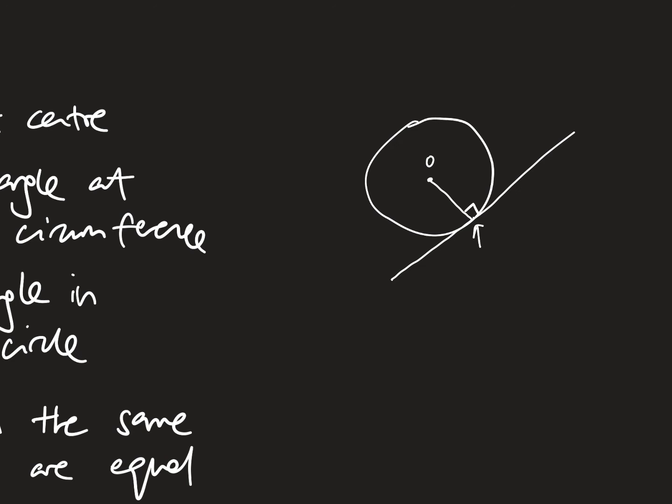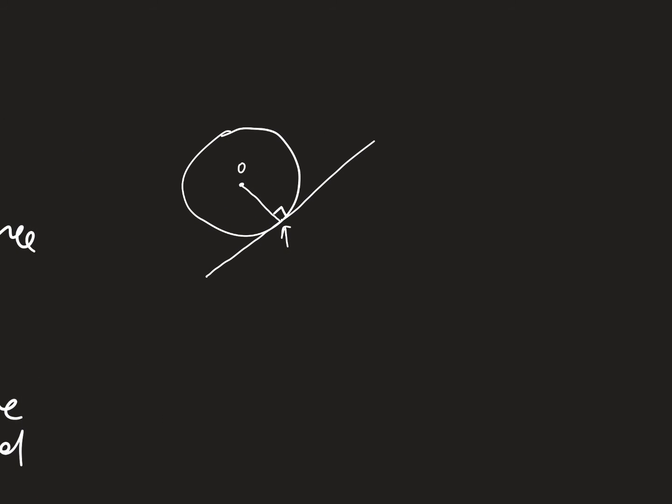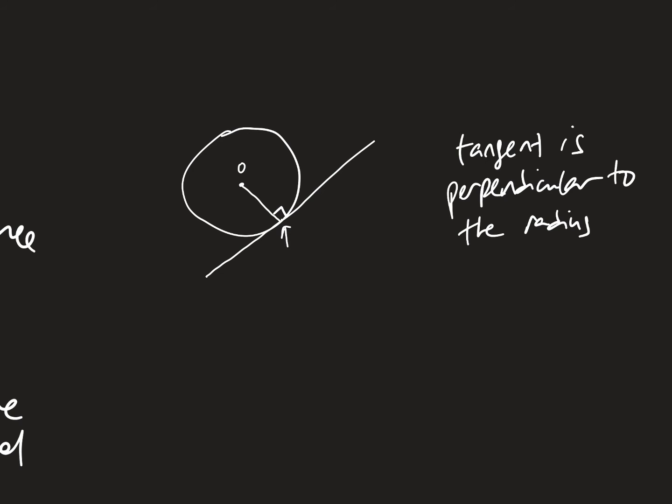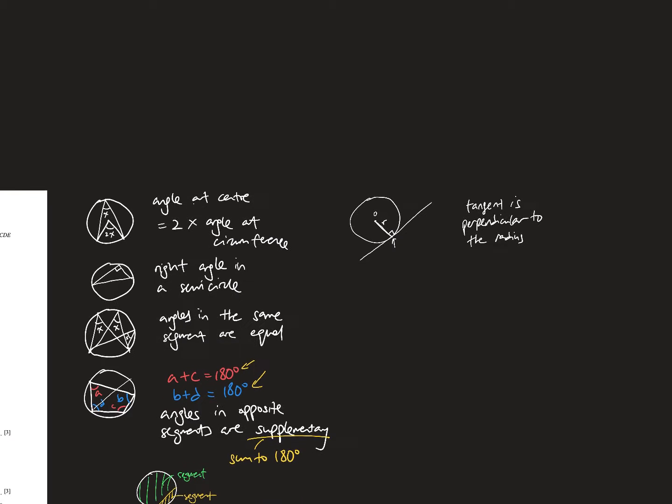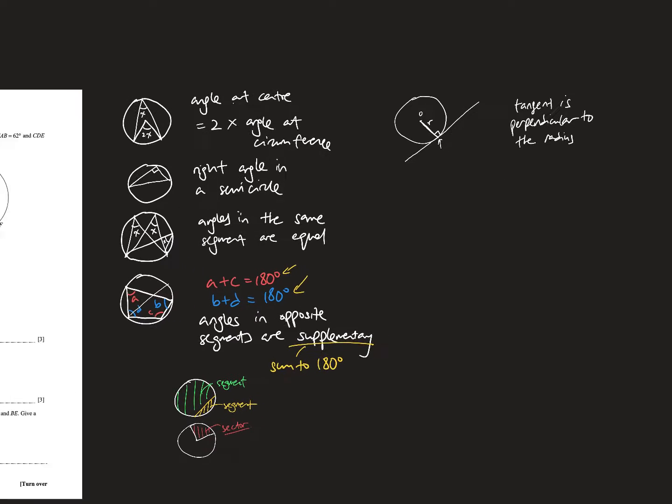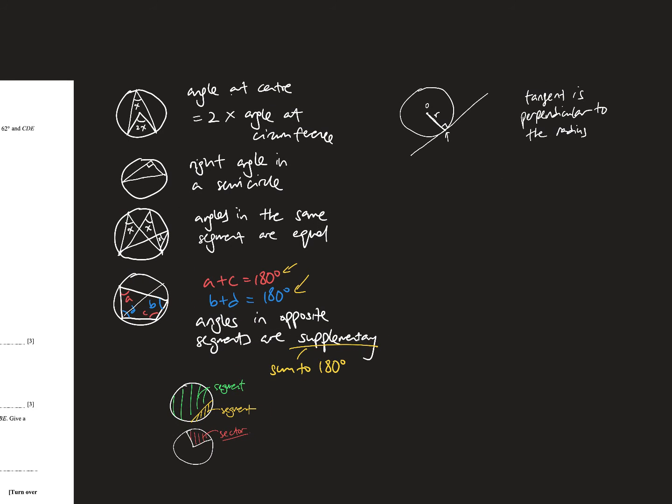And so we call this property, the tangent is perpendicular, because it's 90 degrees, to the radius. Because this is my radius, right? It's from the center all the way out to the circumference. And there you go, a quick recap, some of the properties of a circle. And based on this, we're going to jump into the question.